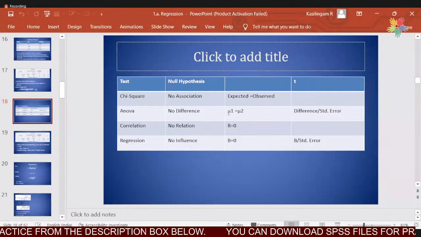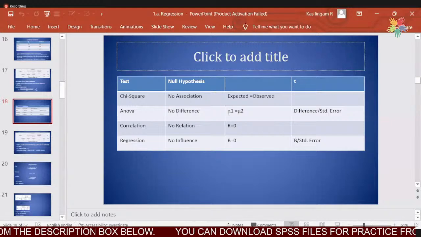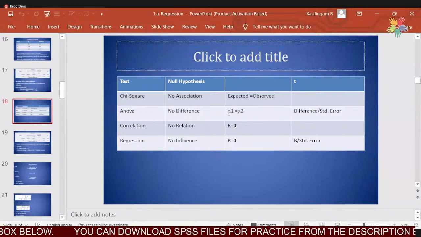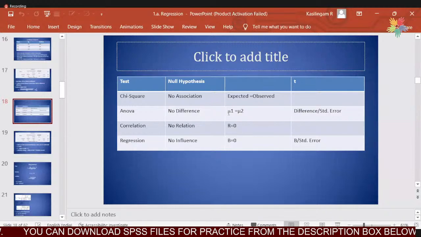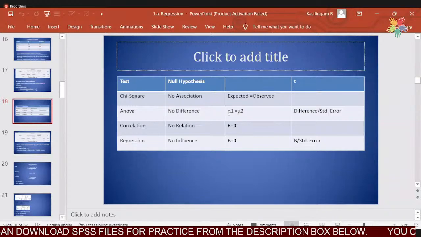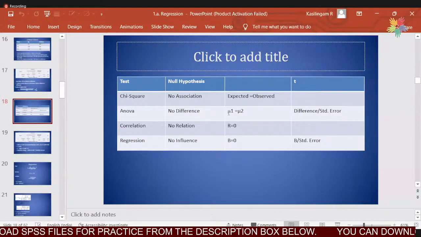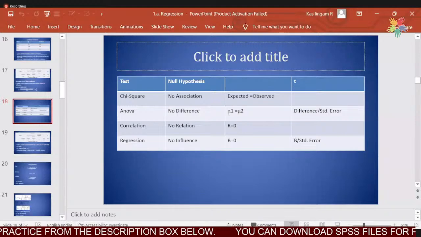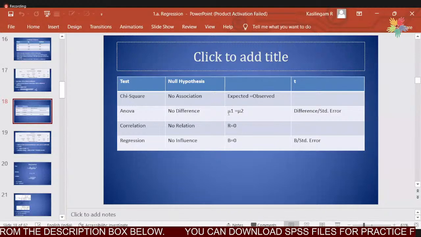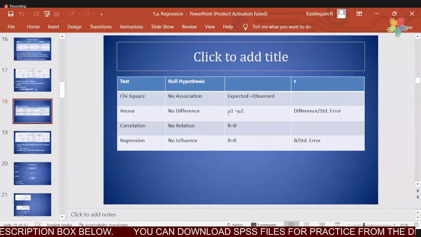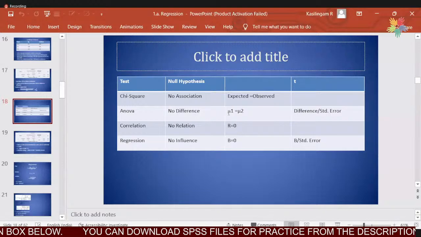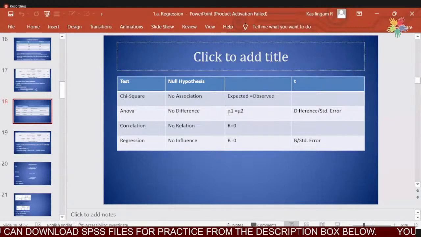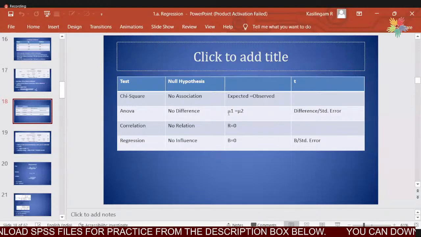In a correlation, R equals 0, which means no relation. Here in a regression, no influence means beta is 0. When beta is 0, what will happen? Y is equal to a plus bx, so irrespective of what x is, 0 into x will be 0.